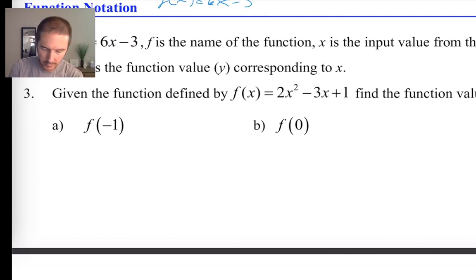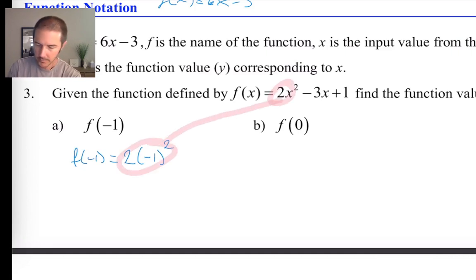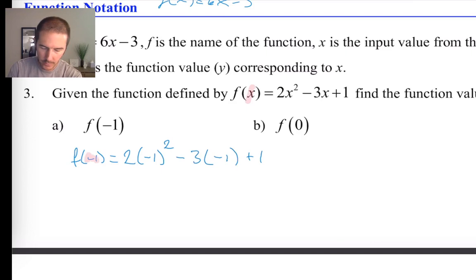Let's try this one. f of -1 equals 2 times, and then here's my -1 in parentheses, squared, minus 3 times our new x value of -1, plus 1. So again, this x changed to a -1, therefore this x and this x must change to a -1, and there they are.